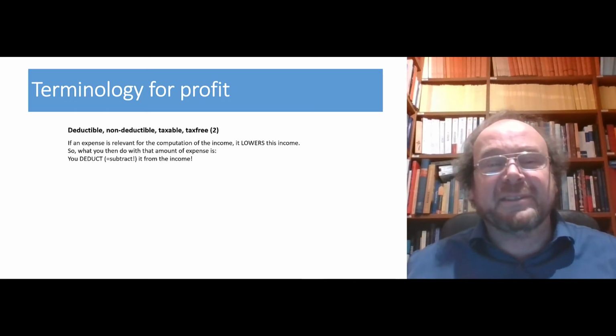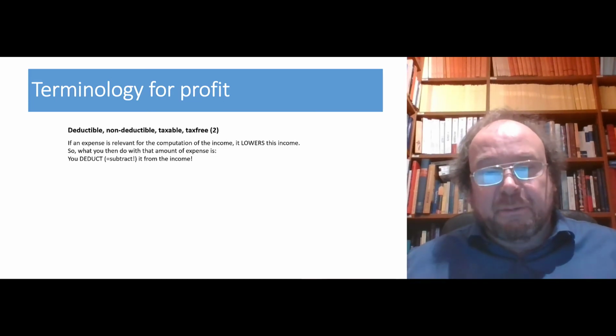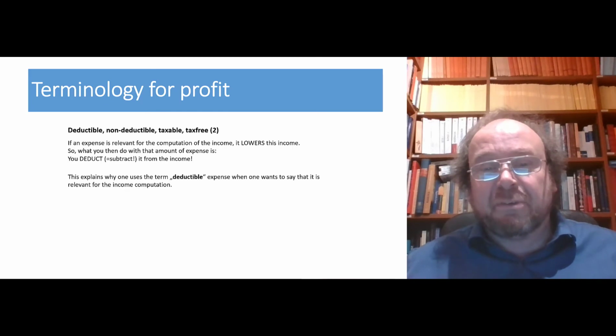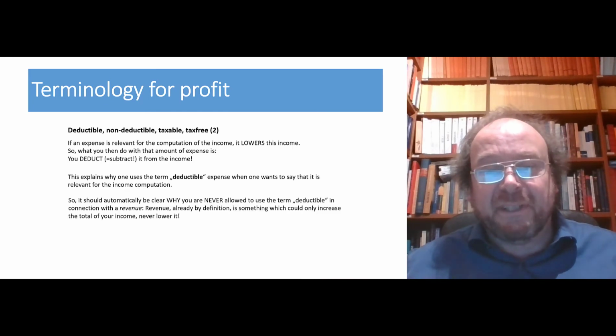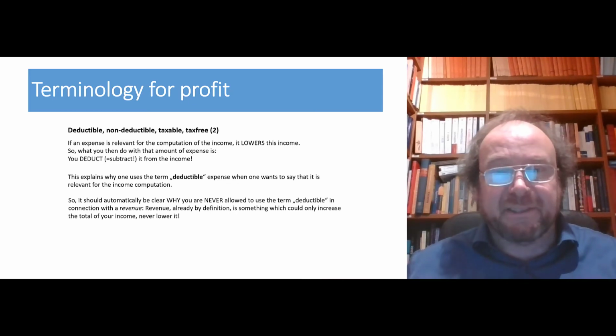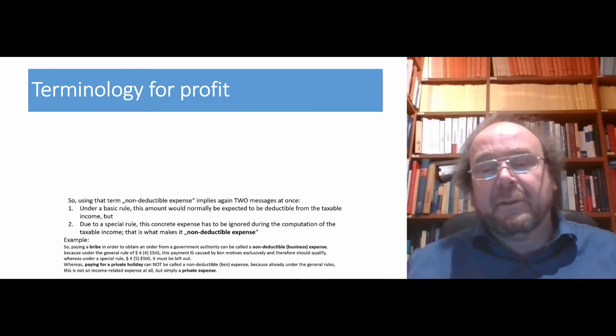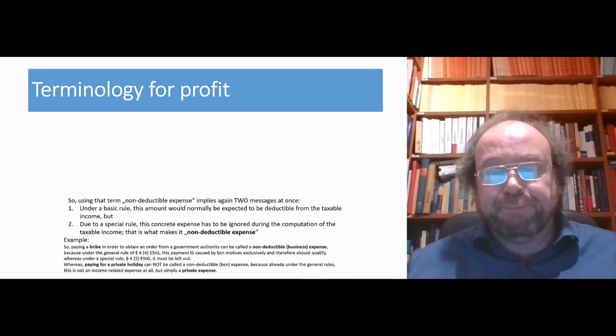So that is the idea of the term deductible. So revenue cannot be deductible. Expenses can be deductible. Negative elements are deducted, subtracted from the rest. Should be clear.